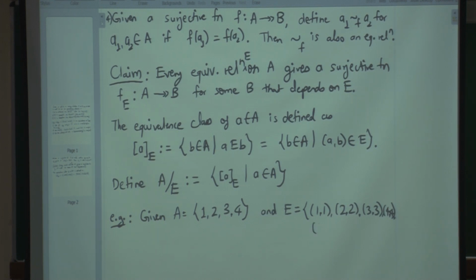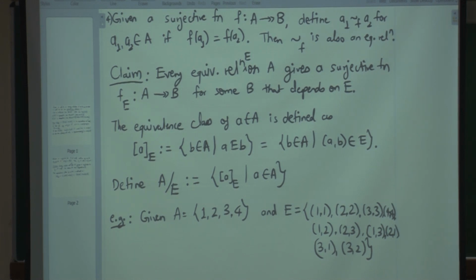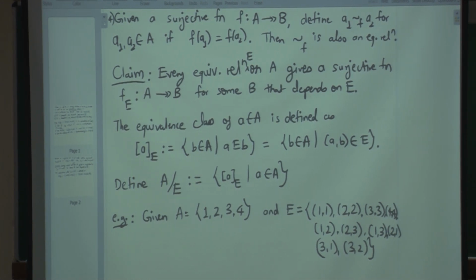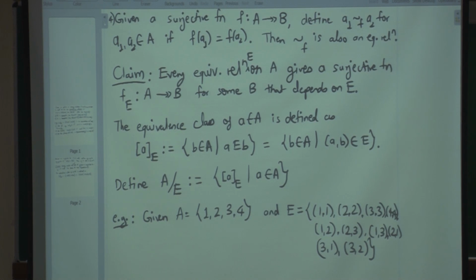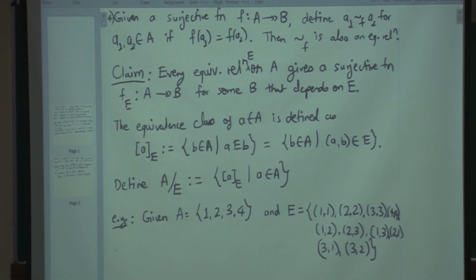Then I will add (1,2), (2,3), (1,3), then (2,1), (3,1), and (3,2). This is an equivalence relation, because it's reflexive, symmetric, transitive. I closed it under all the properties which are necessary.